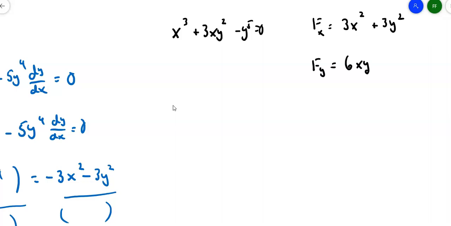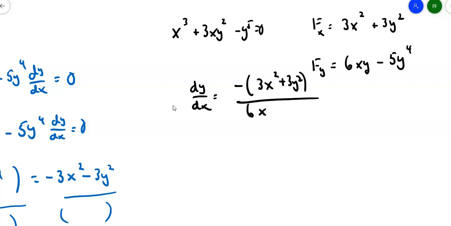Partial of that last with respect to y is minus 5y to the fourth. And then we're told just divide them and change the sign. So dy dx equals the opposite of 3x squared plus 3y squared over 6xy minus 5y to the fourth.